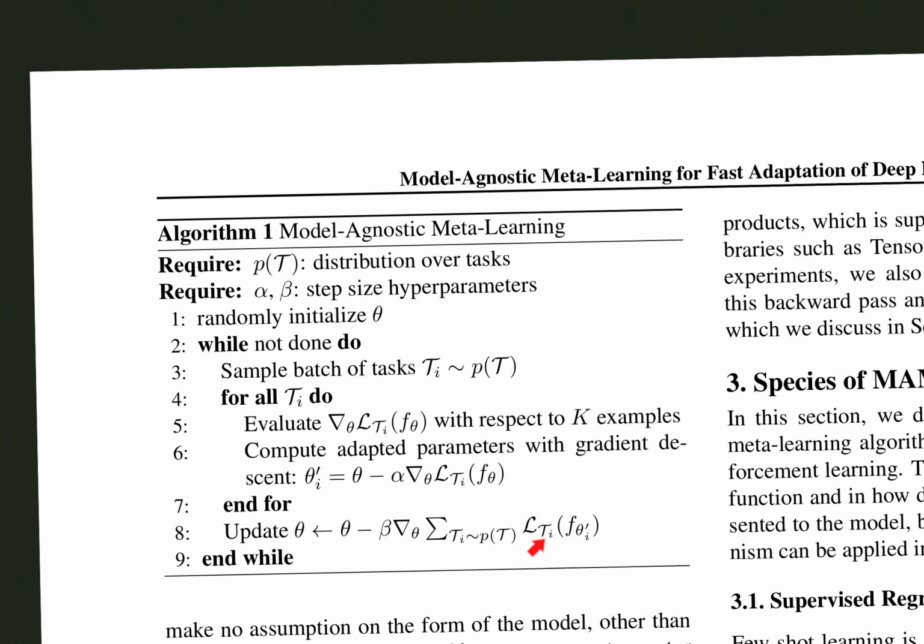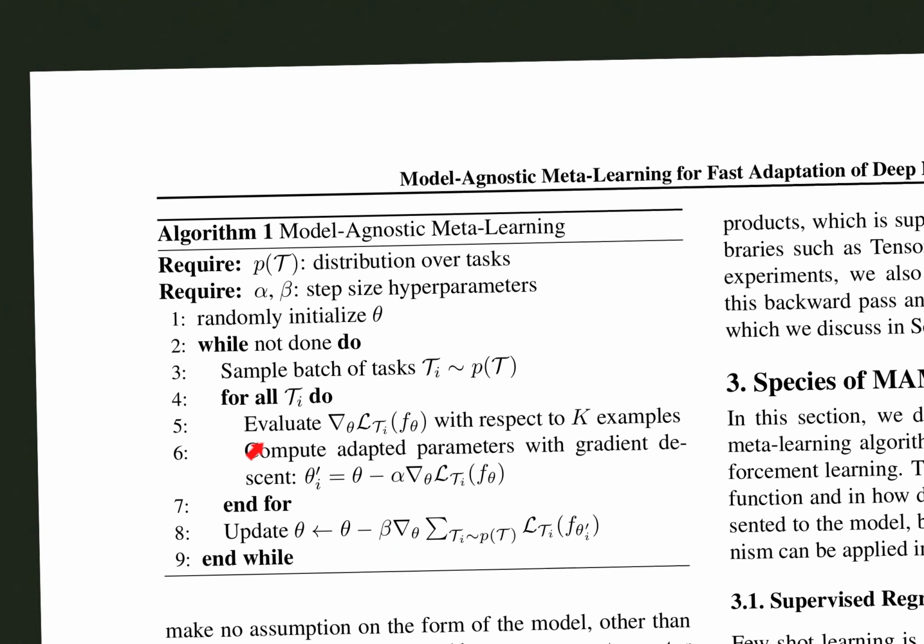You compute the loss of that task, and then you sum them all up together. So this would be something similar to the expected loss over tasks. This here, with a normalizing factor, would be the expected loss that you will get for a task, and then you would want to differentiate it with respect to theta in order to optimize theta.